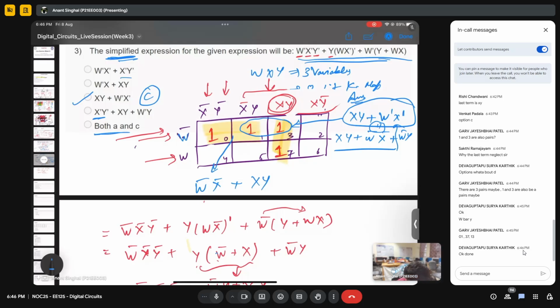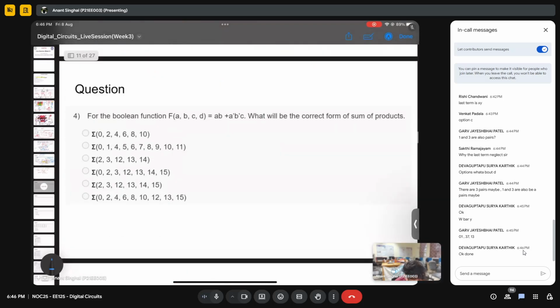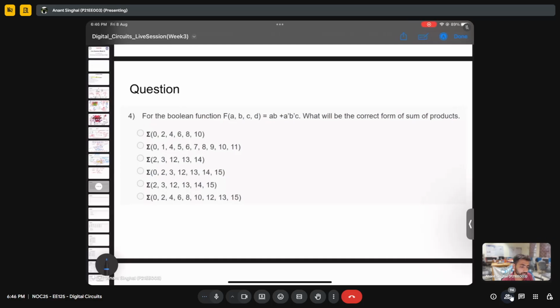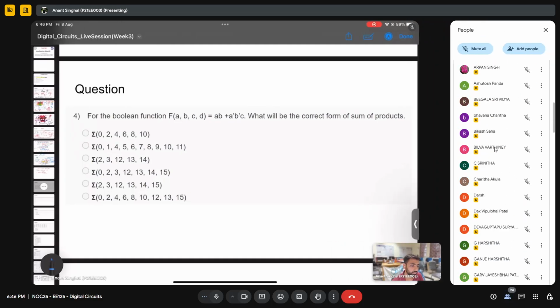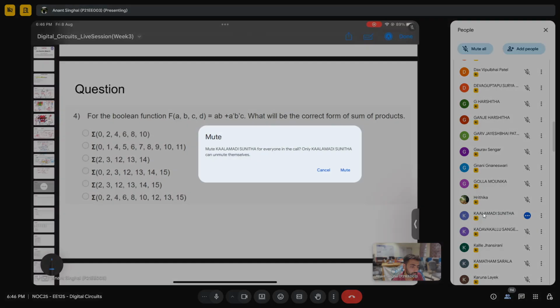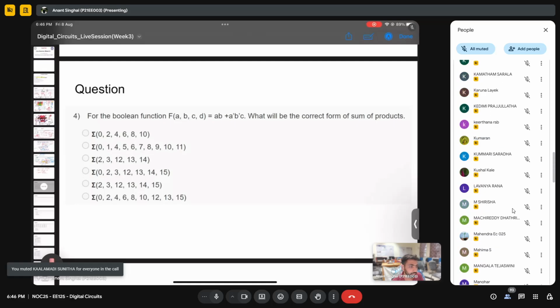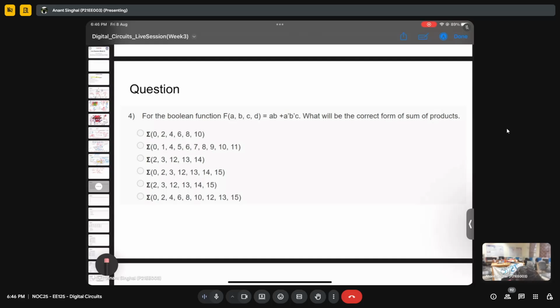So let's do this now. It says for the Boolean function ABCD, which is this, what will be the correct form of sum of products?